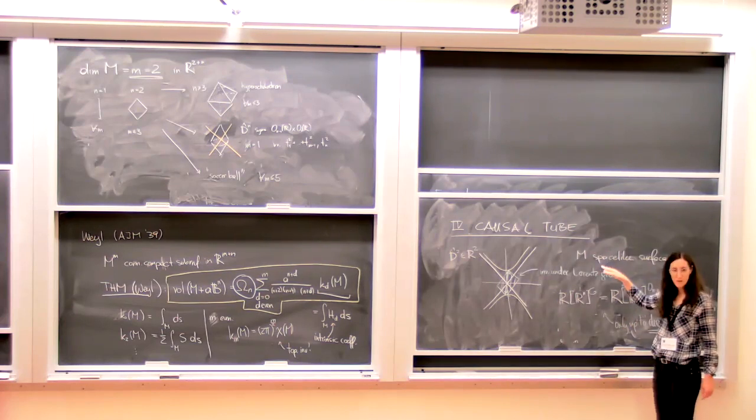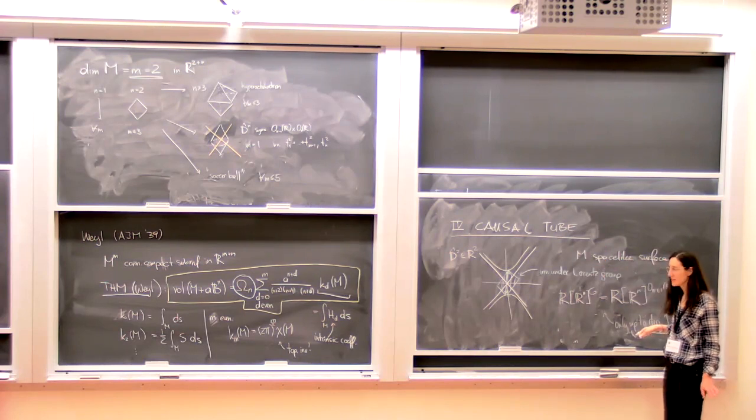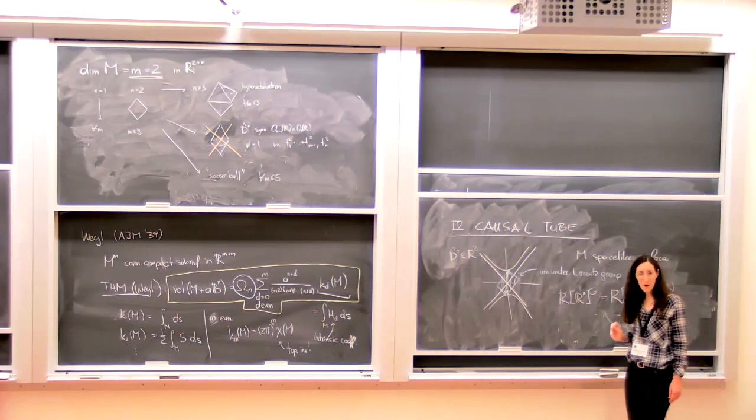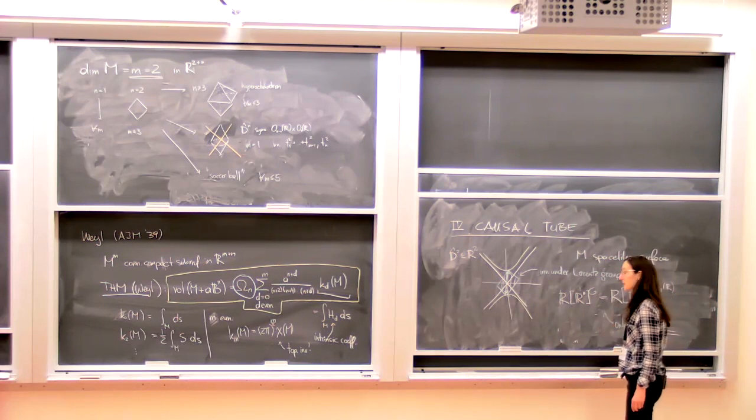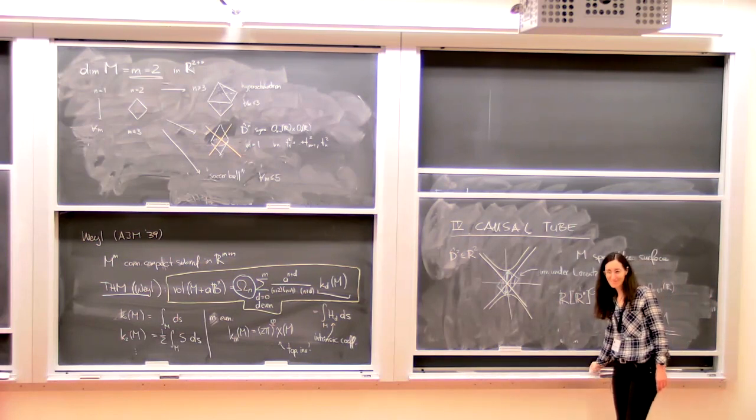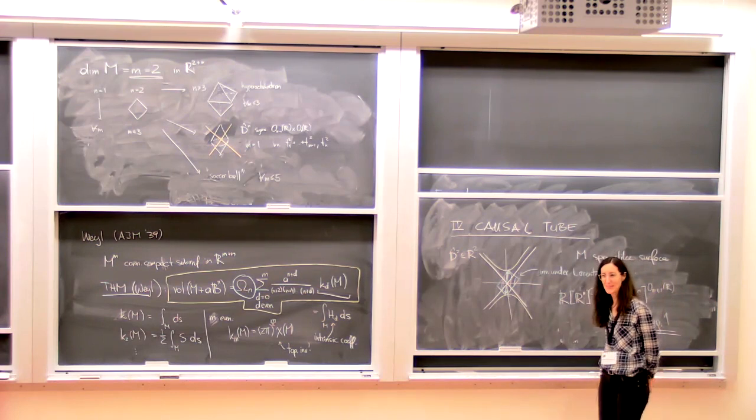But to work for surfaces, we would need them to be invariant up to degree 2. So actually, the tube formula is false in the non-trivial case in R3,1. Okay.